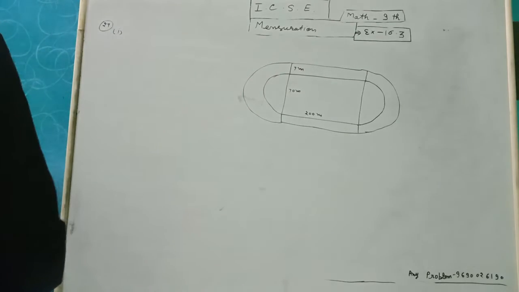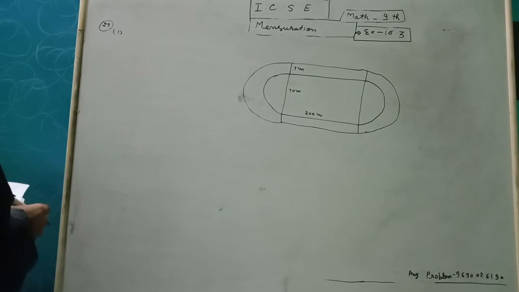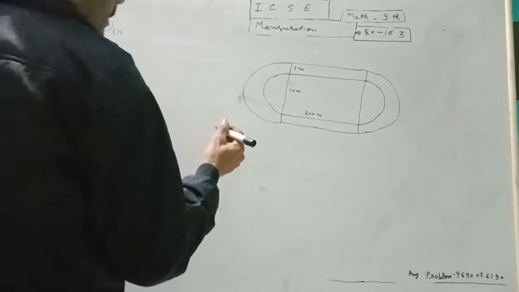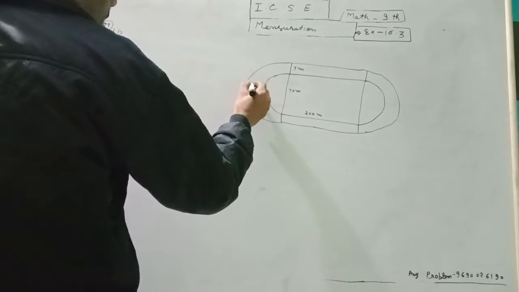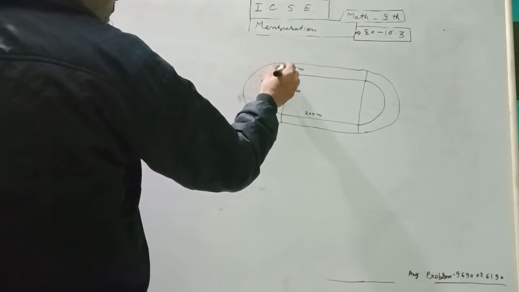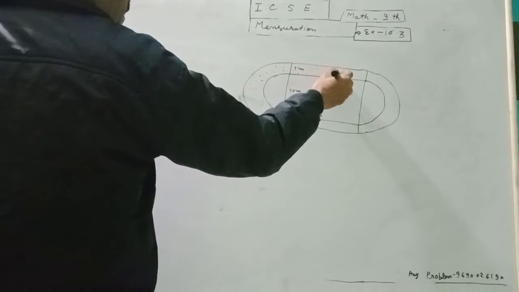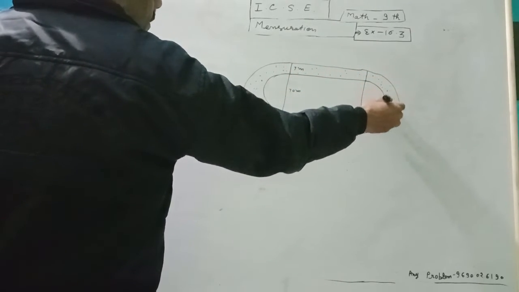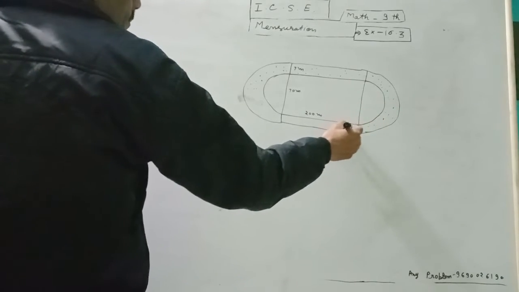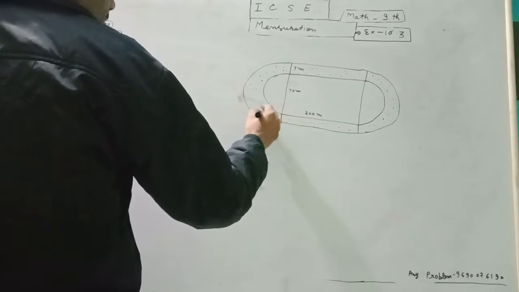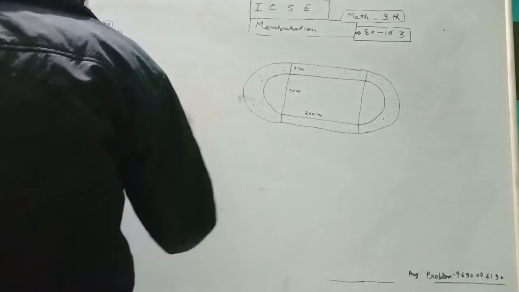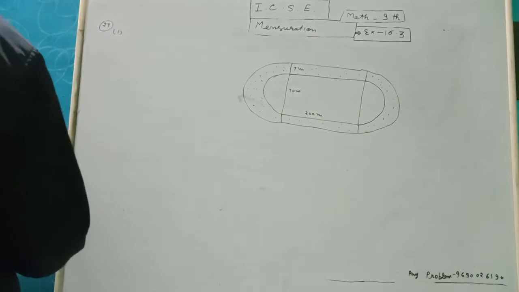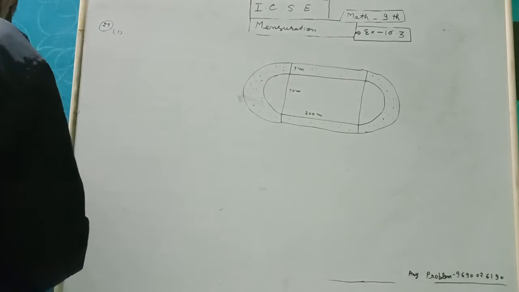In the given question, we find the area of the running track without dotting, marked by the grassed enclosure.